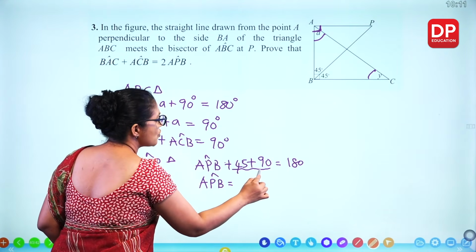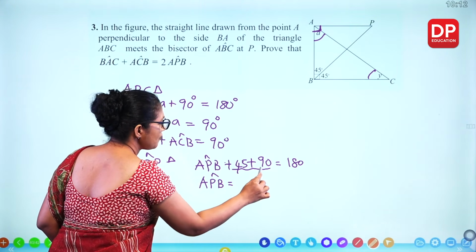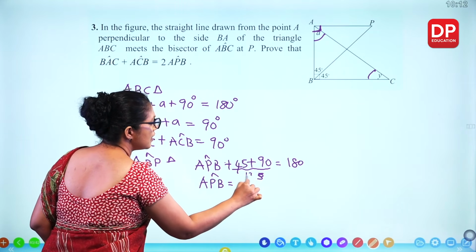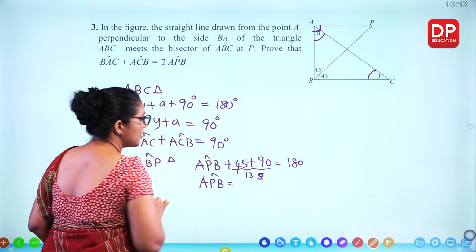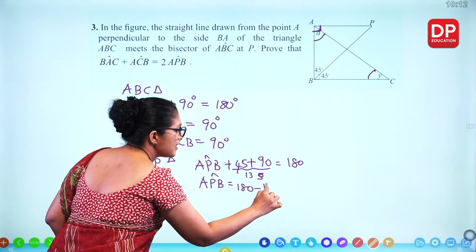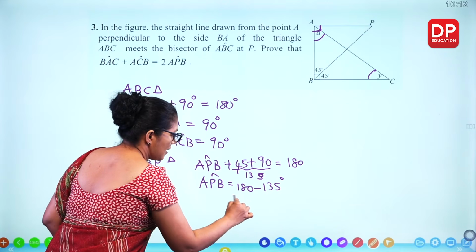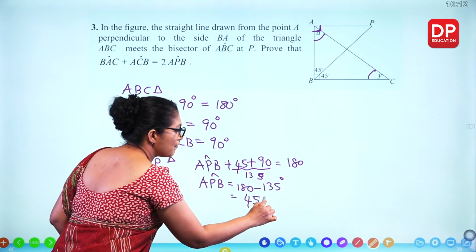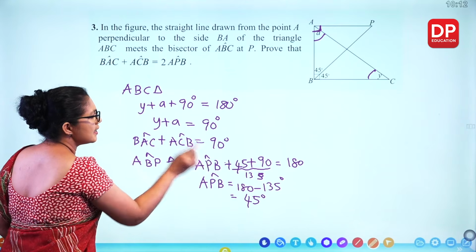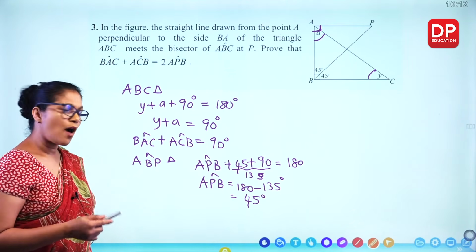When you add these two, you get 135. So you get 180 minus 135, that's 45 degrees. Now when you look at this angle, 90, how can I write?